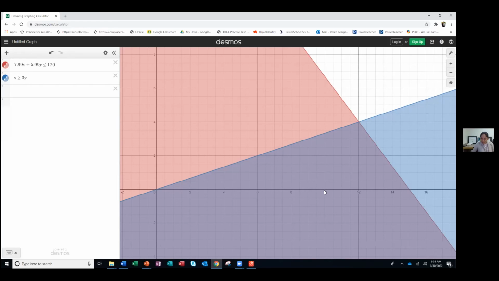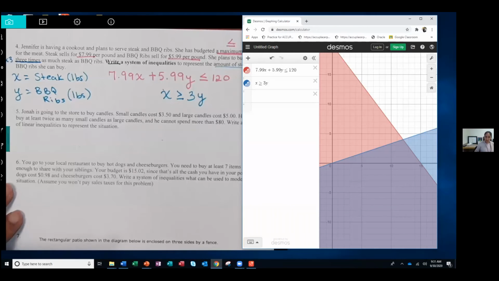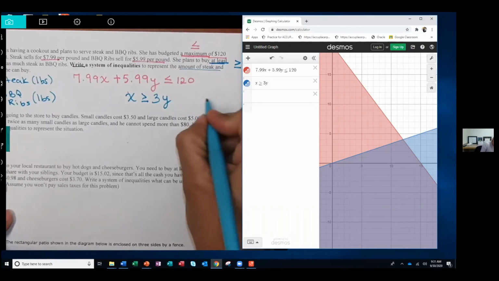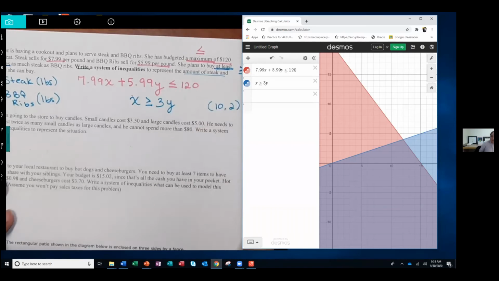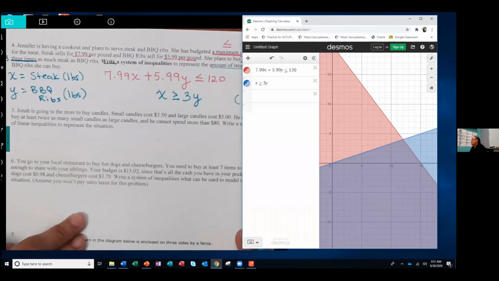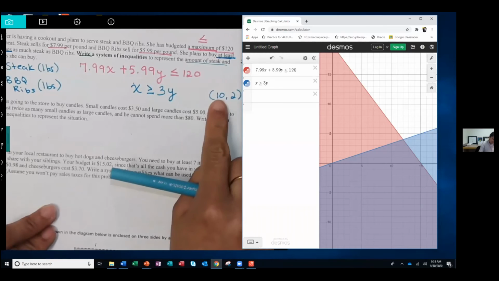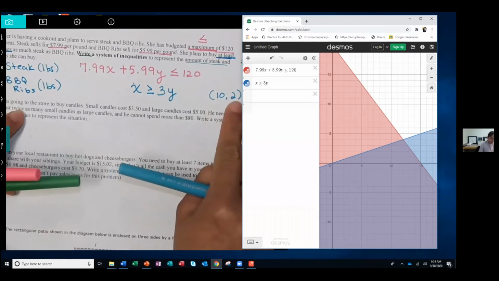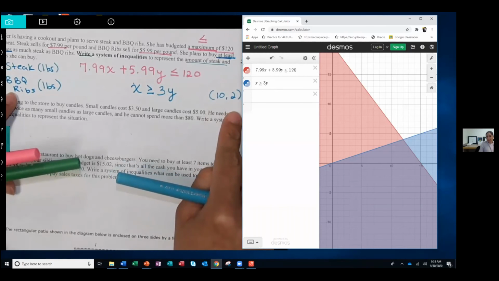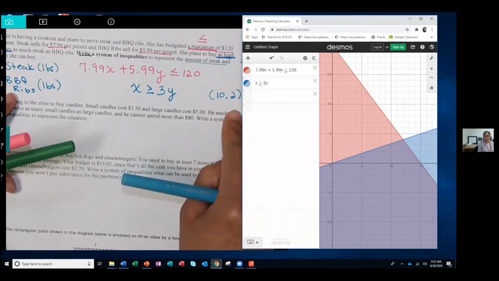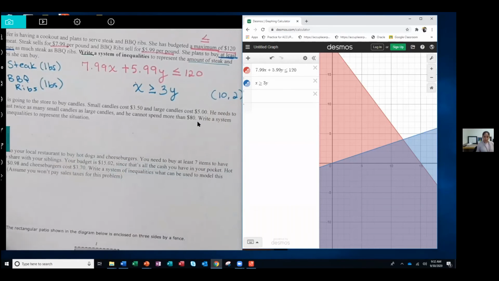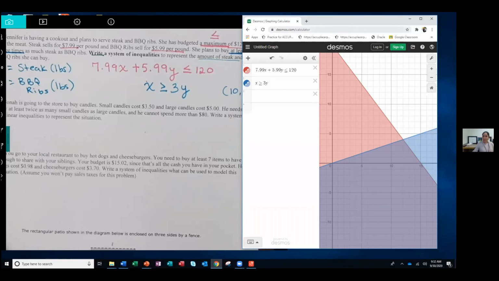So I'm going to pick a point for us, 10 and 2. So one possible combination of meat that Jennifer could buy is 10 pounds of steak and 2 pounds of barbecue ribs, right? That's one possible combination of pounds of meat to meet both conditions. So looking at the overlap.